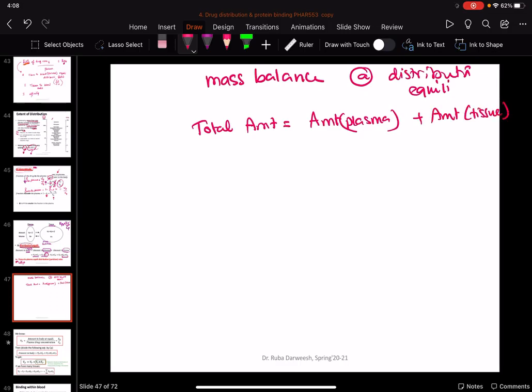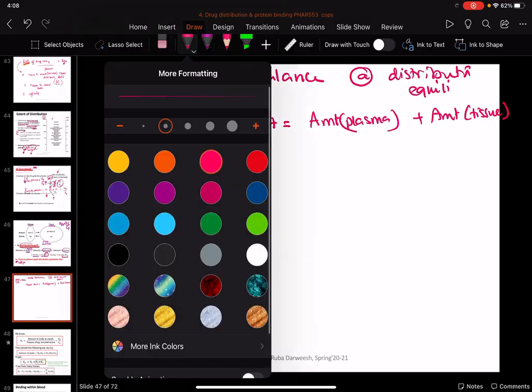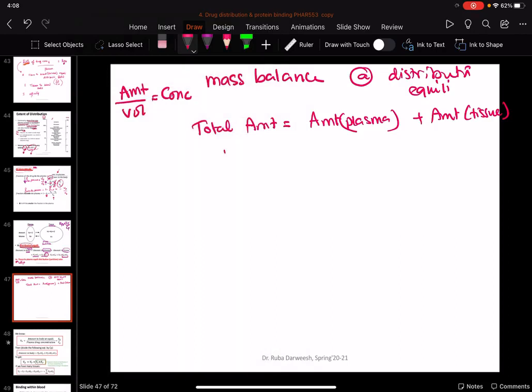Okay, this would be equal to, if the amount over volume equals concentration, so total amount would be equal to total volume multiplied by the concentration in the plasma, which would be equal to concentration in the plasma times volume of the plasma, plus the amount in the tissue, which would be equal to the concentration of tissue multiplied by the volume of the tissues, right?